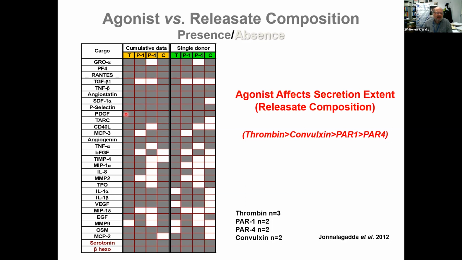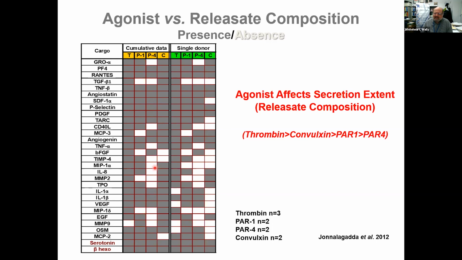We use antibody arrays for this kind of experiment, and it allows us to follow about 30 or so molecules that are released into the extracellular space. And you can see thrombin, which is the strongest agonist we use, pretty much everything that we measured comes out into the extracellular space. With a weaker agonist, R4, for the human platelets, you see some molecules are actually not expressed.